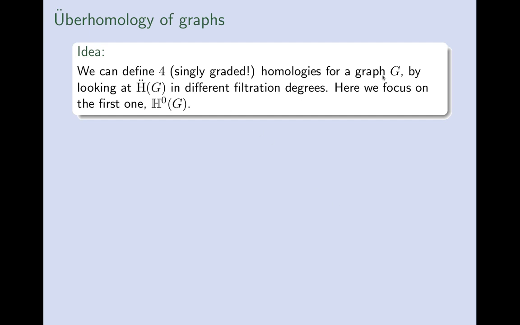In particular, if our simplicial complex was a graph, then a priori we could obtain 6 homology theories. It turns out that there are only 4 that are interesting, and in particular today I'm going to talk about a special one, this bold H0 of G. And here I said 6 because for a one-dimensional simplicial complex, of course the dimension of the simplices is at most 1, so we have 0 and 1.